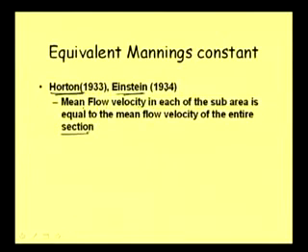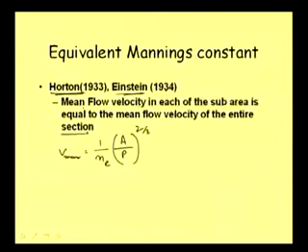Well, what we can write, the equivalent mean flow velocity, V mean for the entire section, we can write as 1 by nE, and then A by P, this is for the entire section I am writing, to the power 2 by 3, then S to the power half.